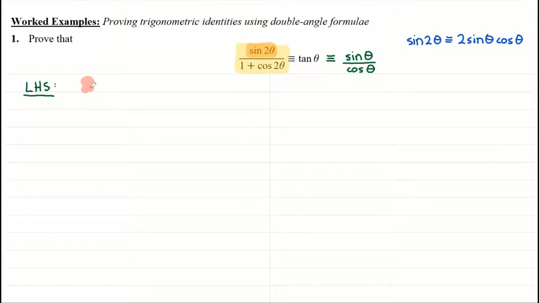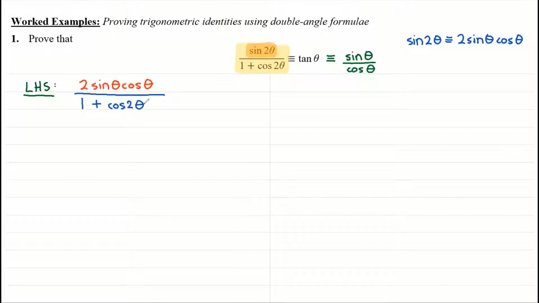So we're going to have 2 sine theta cos theta in the numerator. And in the denominator, I'm just going to leave it as it is for now: 1 plus cos 2 theta. Okay, so I've just made my first substitution.